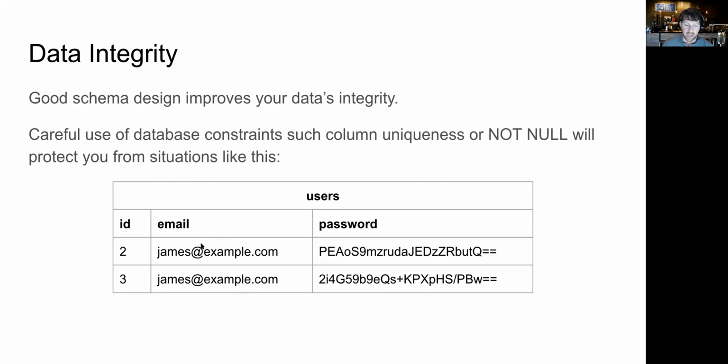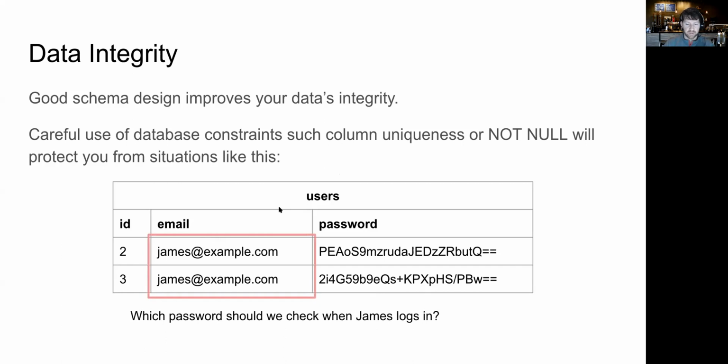So you make sure that this is unique in the database. Careful use of database constraints such as column uniqueness or not null will protect you from situations like this. Which password should you check when James logs in? It doesn't know.